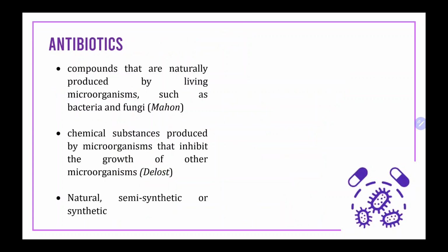Now, how do we define the term antibiotics? These are compounds that are naturally produced by living microorganisms such as bacteria and fungi. These are also chemical substances produced by microorganisms that inhibit the growth of other microorganisms. Your antibiotics may be present as natural, semi-synthetic, or synthetic products.